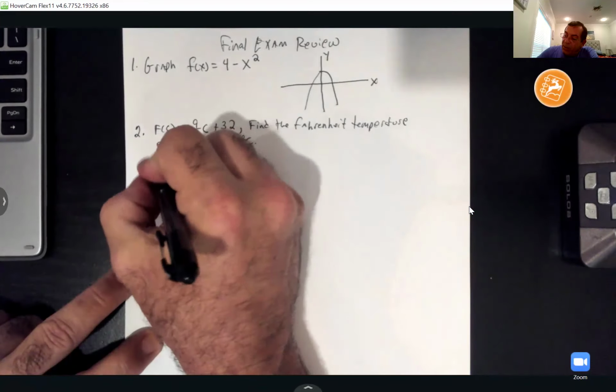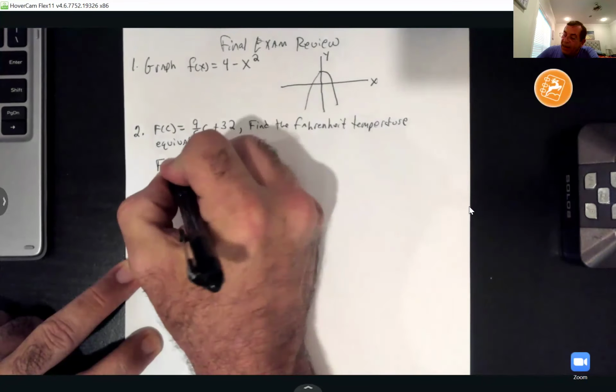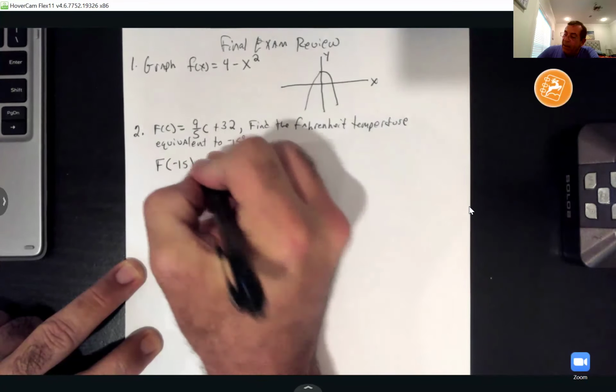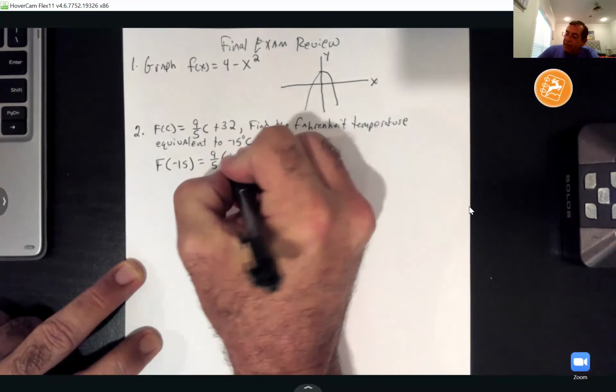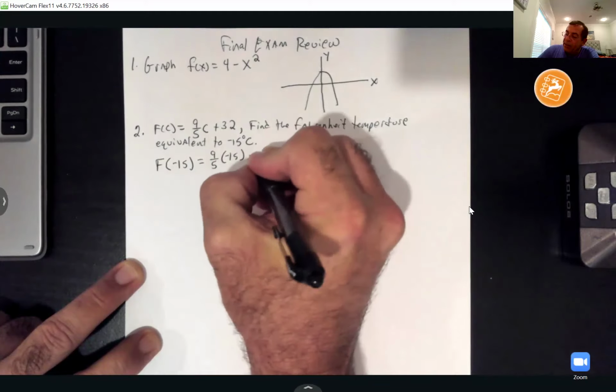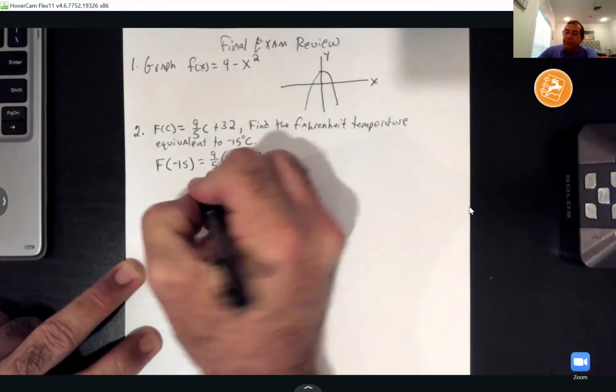So we're actually finding f of negative 15. That'll equal 9/5 times negative 15 plus 32.